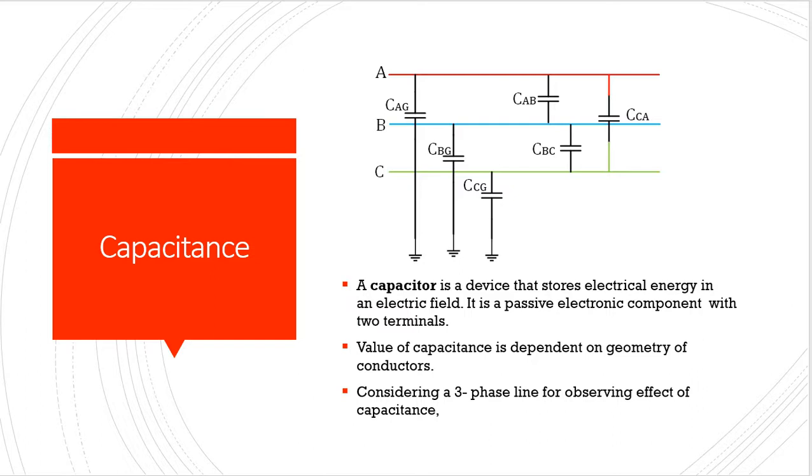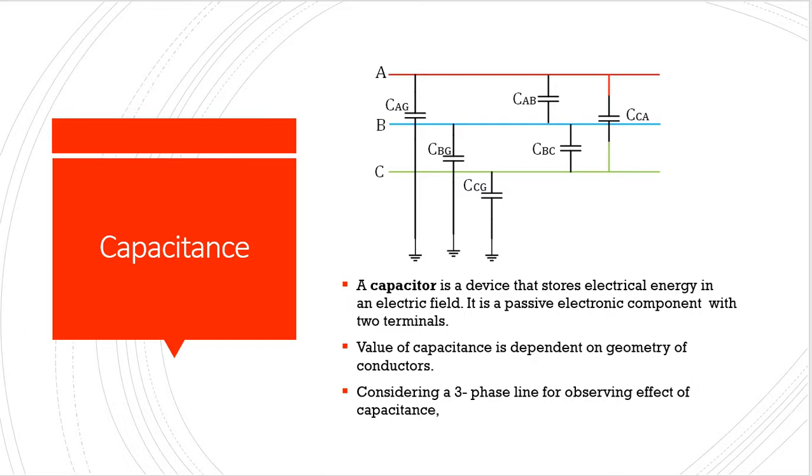The other one between line B and C is represented as CBC, and the third one, CCA, will be responsible for the capacitance across line A and line C, right? Therefore, the figure that I have shown in this slide is basically the figure of a delta connection, right?